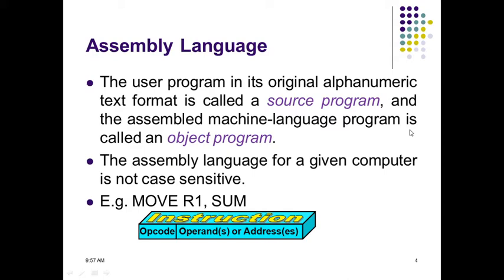For example, we'll write the move instruction as MOVE R1, SUM. Even though the assembly language for a given computer is not case sensitive, for better readability we'll write these assembly language instructions in capital letters like this.